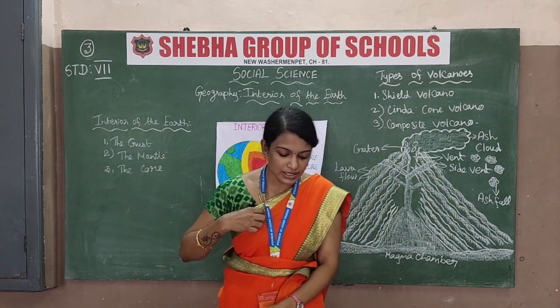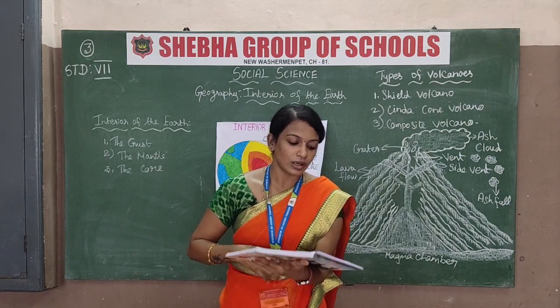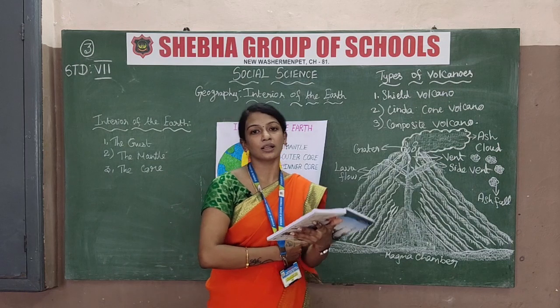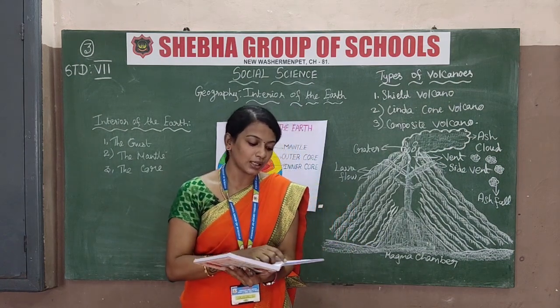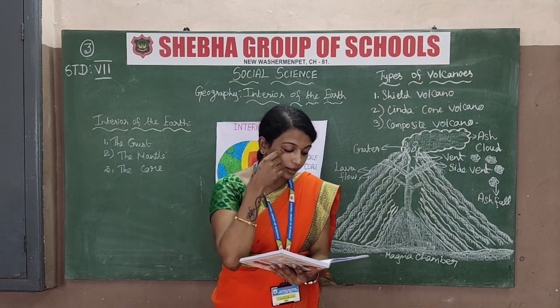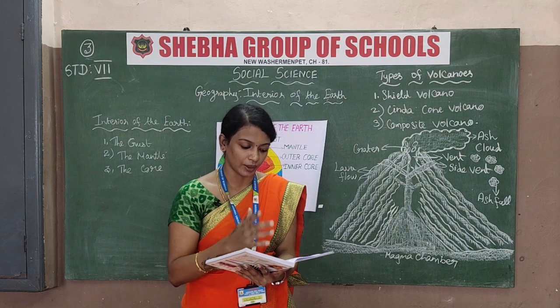And next we are going to see the causes of volcanic activities. What are the causes? Why do volcanoes blast? It is because high pressure and temperature increase, and under great pressure magma has a capacity to dissolve gas. Sometimes it cannot.